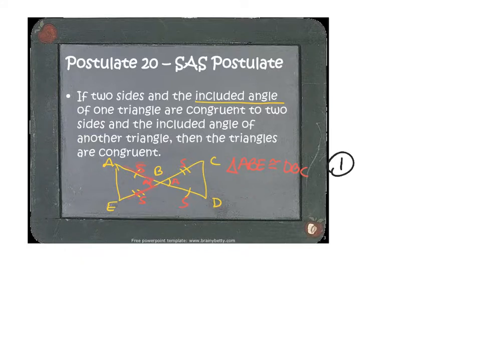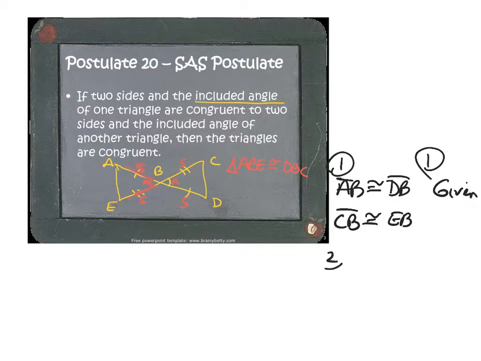So you would state that AB is congruent to DB, and you would state that CB is congruent to EB, and this is given.